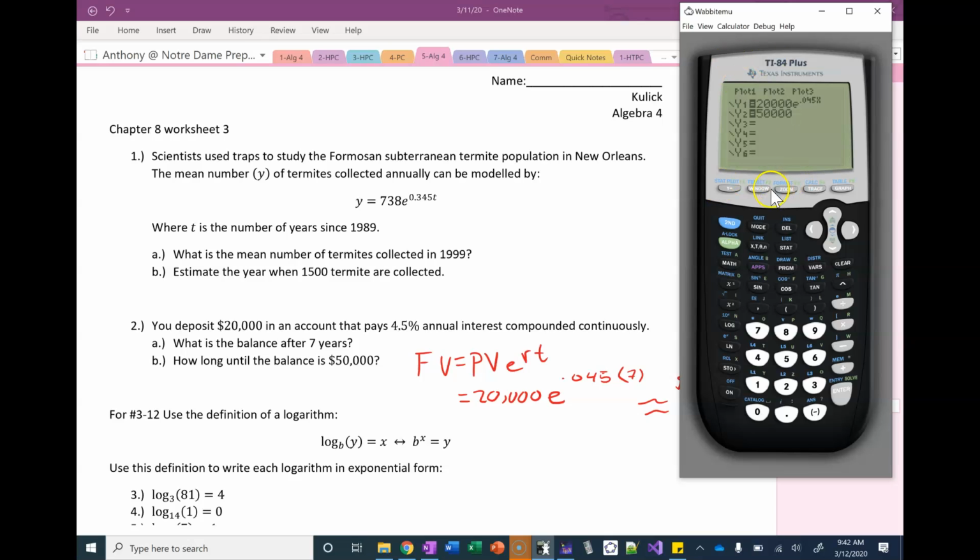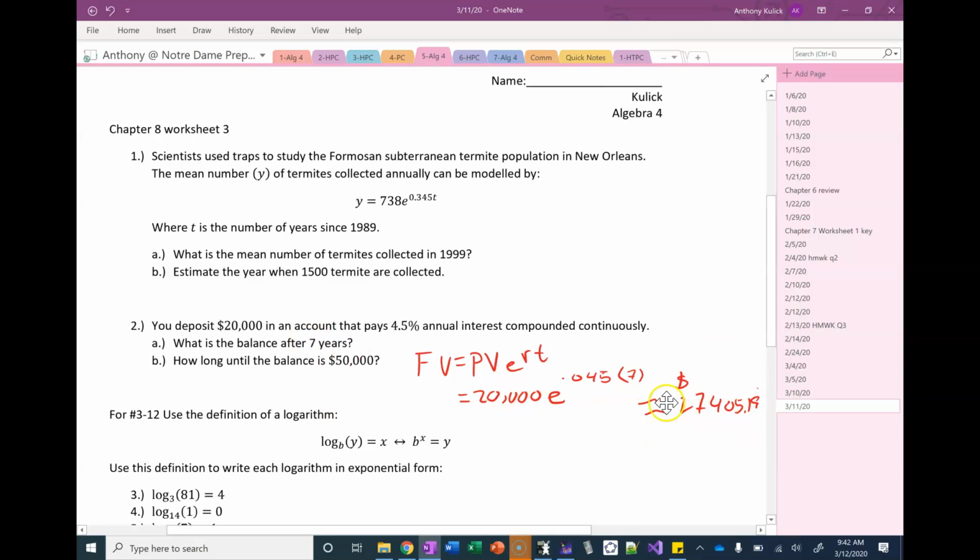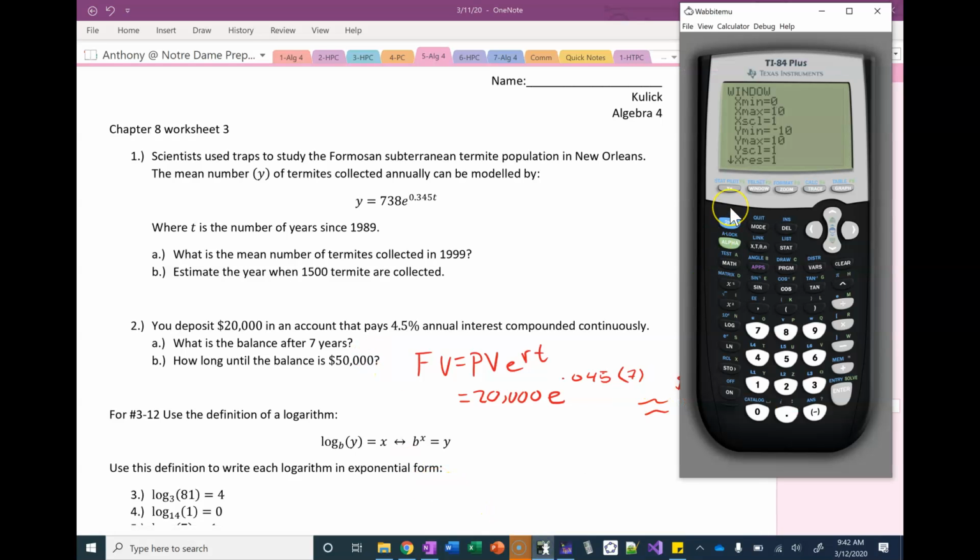Since x is time, the x min should be 0. It took me 7 years to get to 27,000. So to go to 50,000, what's your guess? Gotta be more than 7 at least, right?